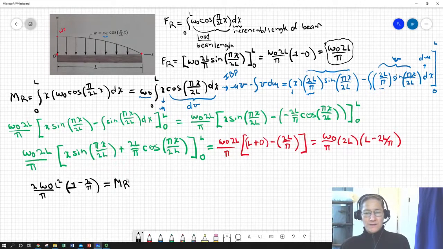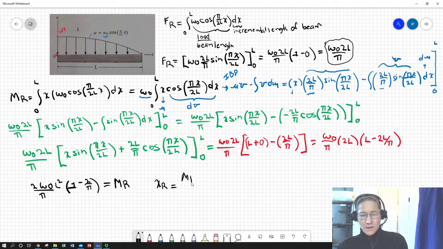If we want to know where to put our distributed load force resultant, we would say x sub r, the location of the force resultant, which just so happens to be the centroid of the shape defined by that distributed load, the area under that. We know it's going to be on this side of the midpoint, give or take.